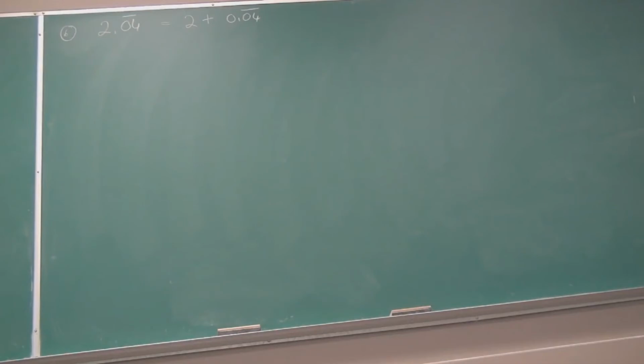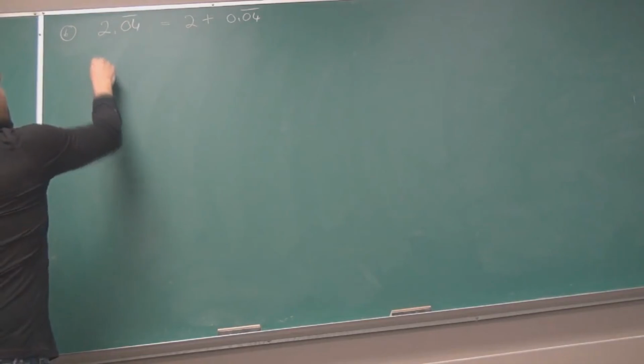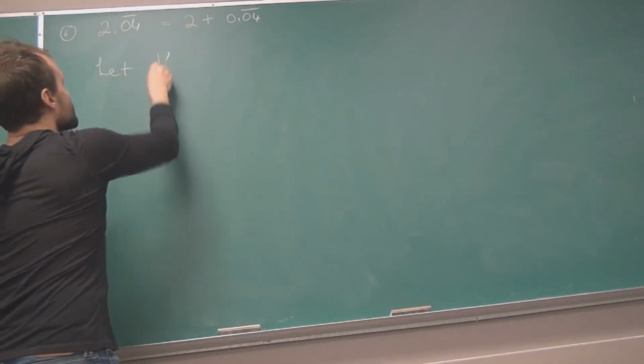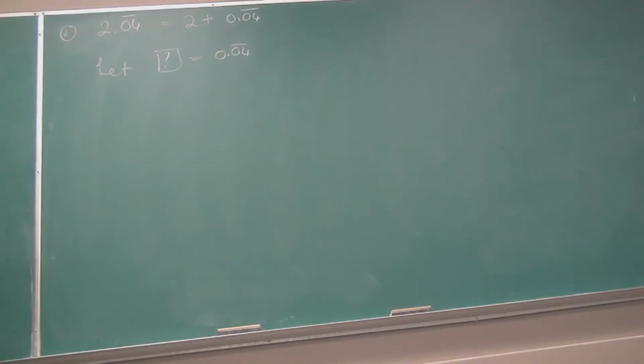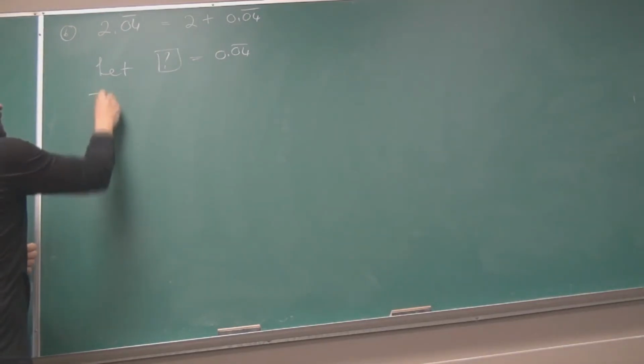This method doesn't work if I keep the 2 with it. I'm only interested in the fraction. It's not that it doesn't work, but it's unnecessarily complicated. So really all I need to figure out is what is this fraction portion. Then I can put it back and say it's the mixed number 2 and whatever fraction it is. So you don't have to do the whole thing, only the part that I'm interested in.